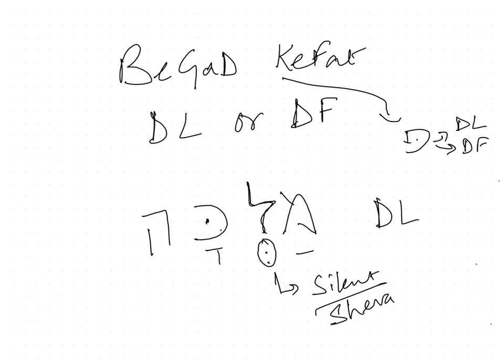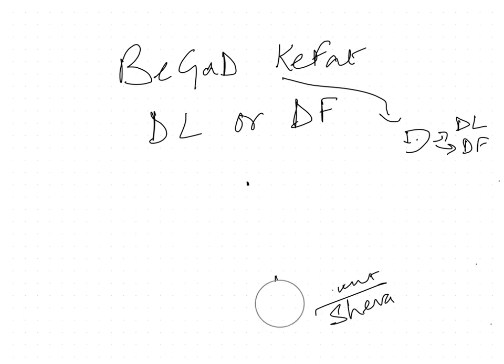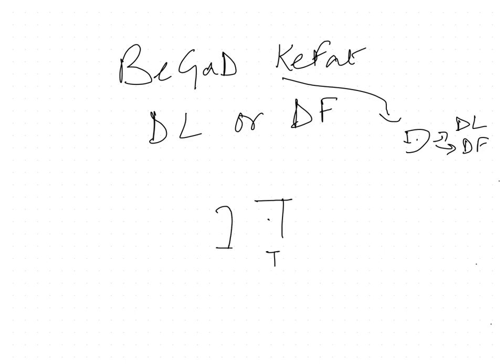Also, a word like this, Dabar. You see a dot here in the Dalet. It's beginning a word. A Dagesh in a Begad Kefat letter is always a Lene if it appears at the beginning of a word.